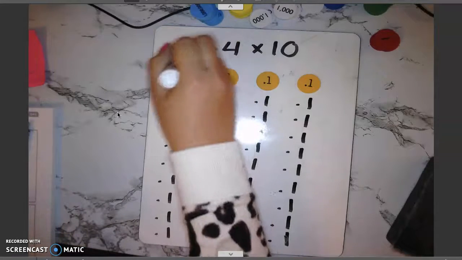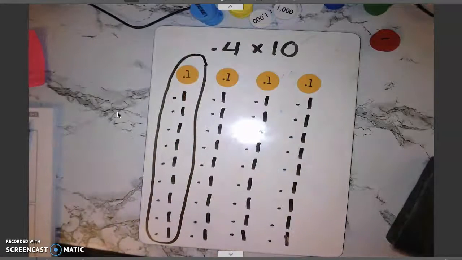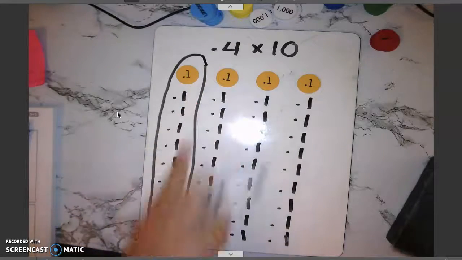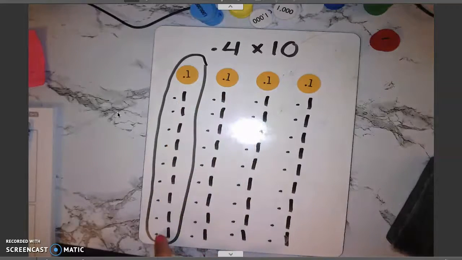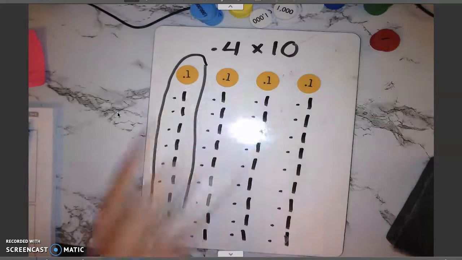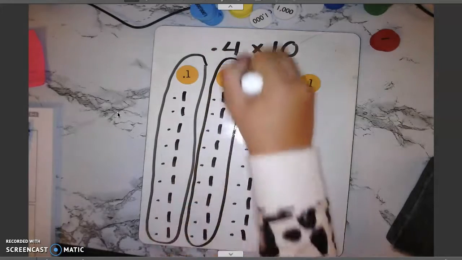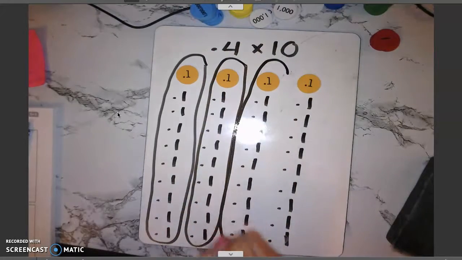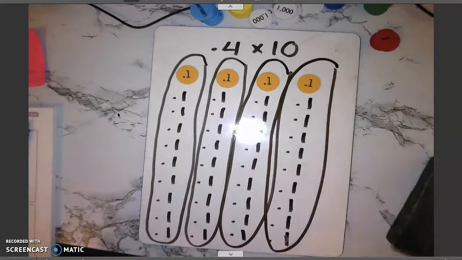If I take my 4 tenths and group them to have 10 tenths in each group, I have created one whole. We know 10 tenths is equal to 1 whole, 2 wholes, 3 wholes, 4 wholes.